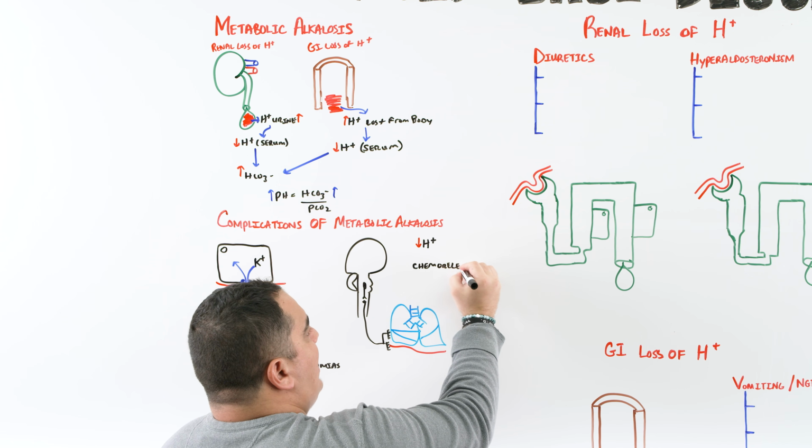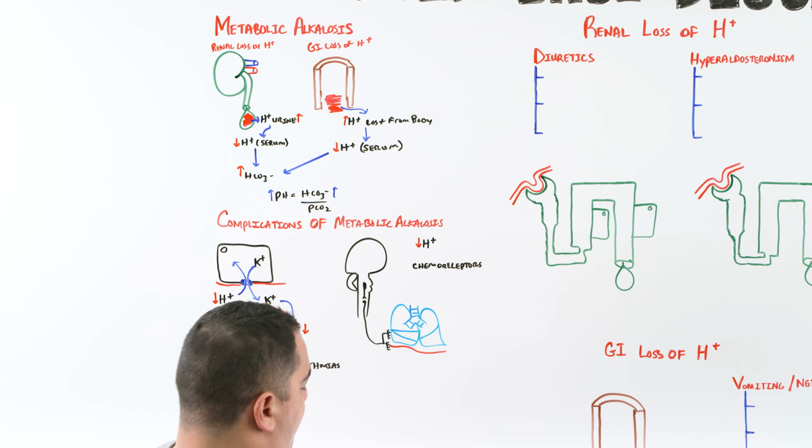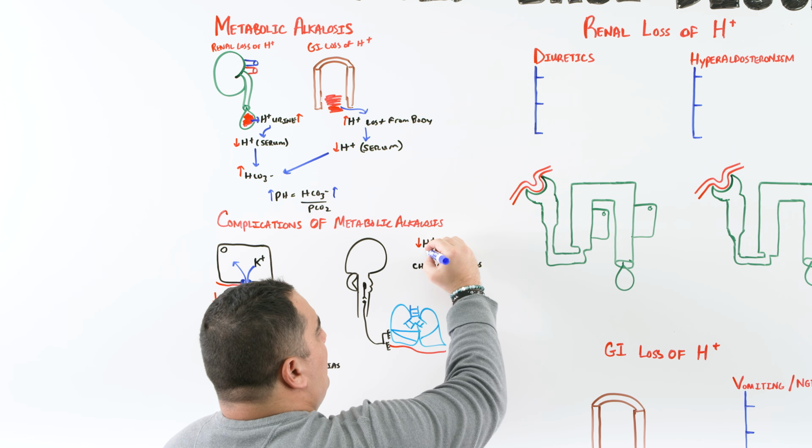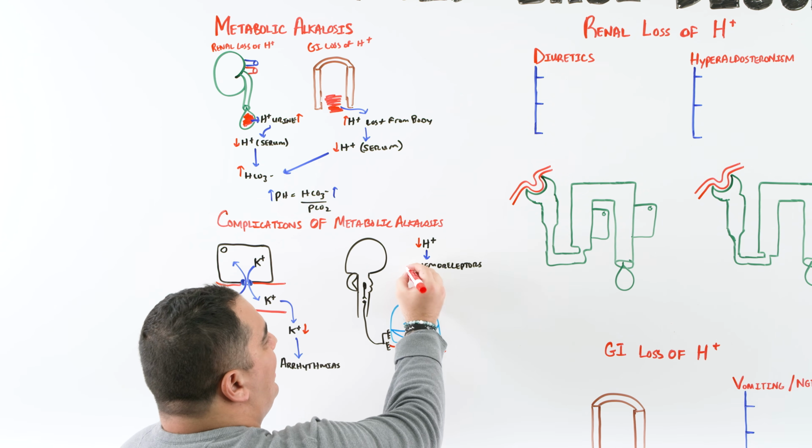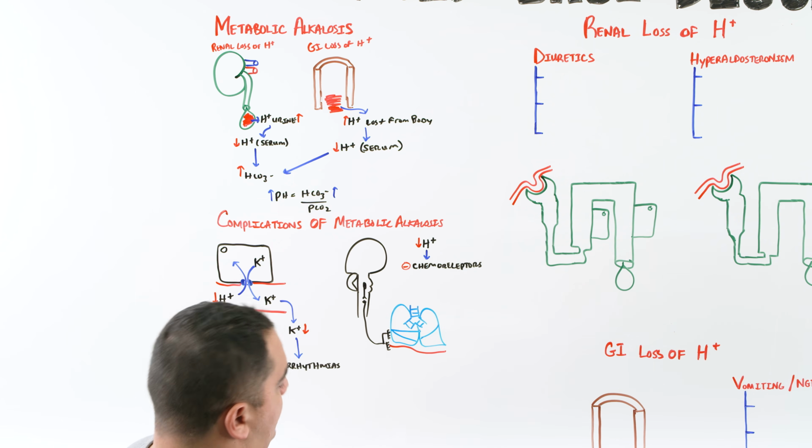They're normally responsive to really high levels of protons. In this case, they're going to be inhibited. They're not really responding to this low pH.